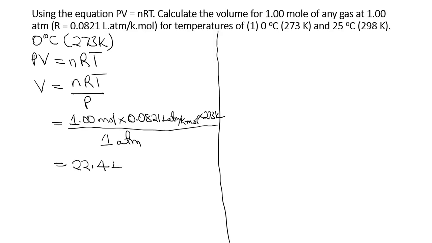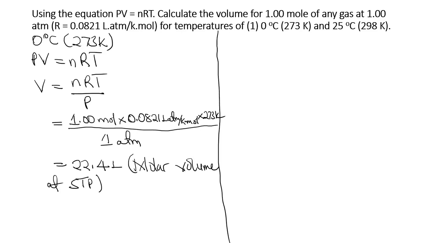This answer is known as the molar volume at standard temperature and pressure, that is STP. At STP, the temperature is 0 degrees Celsius and the pressure is 1 atmosphere.